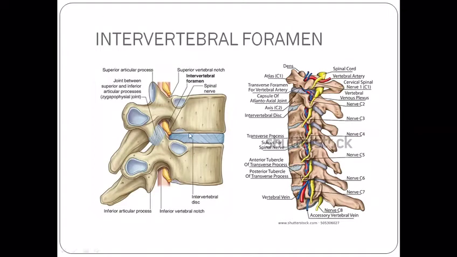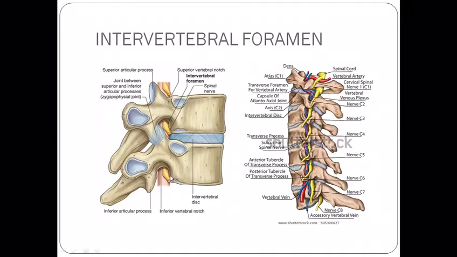There is a condition known as disc herniation. When the disc comes out or protrudes backwards, that is known as a disc protrusion or disc herniation. It may narrow the intervertebral foramen and also compress the spinal nerves, which may lead to constant radiating pain and nerve irritation.